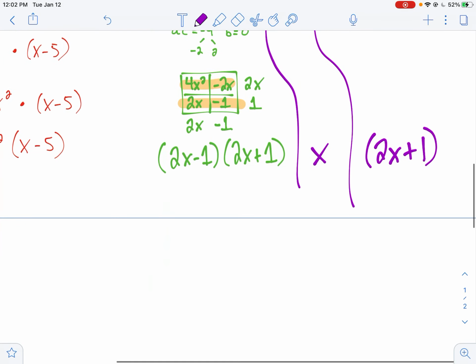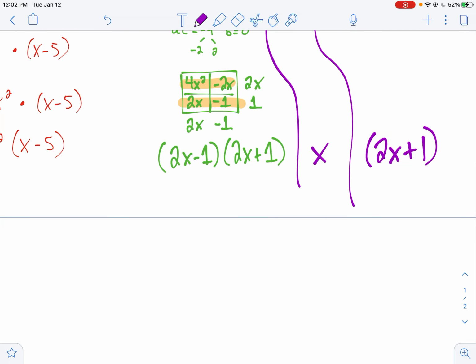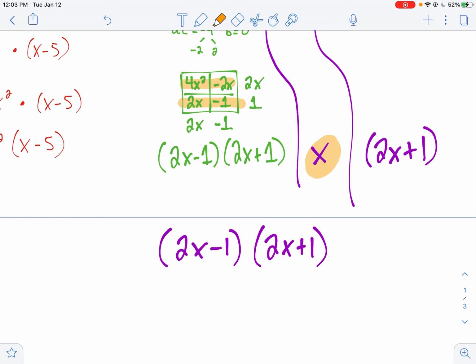And this is where I come back to the stacking. I like doing it this way. Some people like just to go through and write it out, but I like to stack it. So I'm going to go with 2x minus 1 times 2x plus 1. Now I have this x all alone here. I do not want to line it up with either of these x's. A lot of people would do that, but remember, we're looking at the factors as a whole.